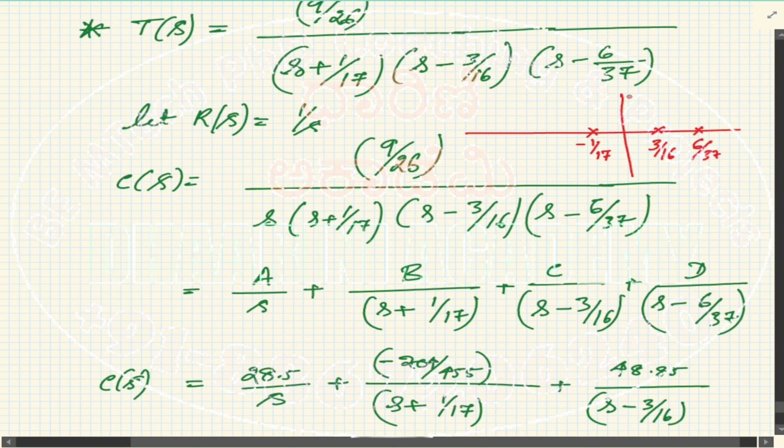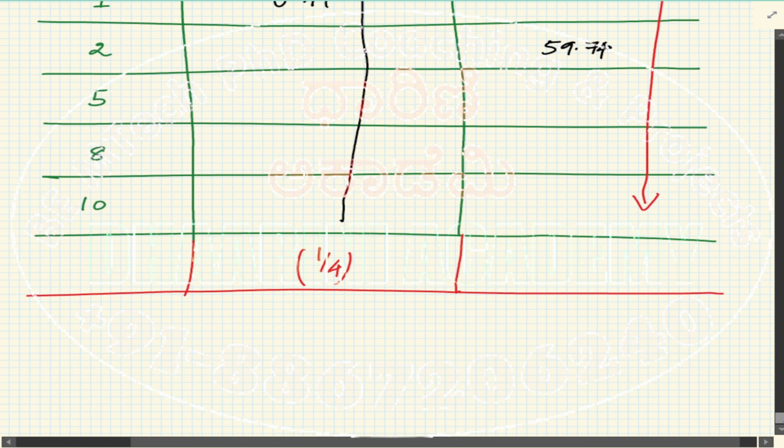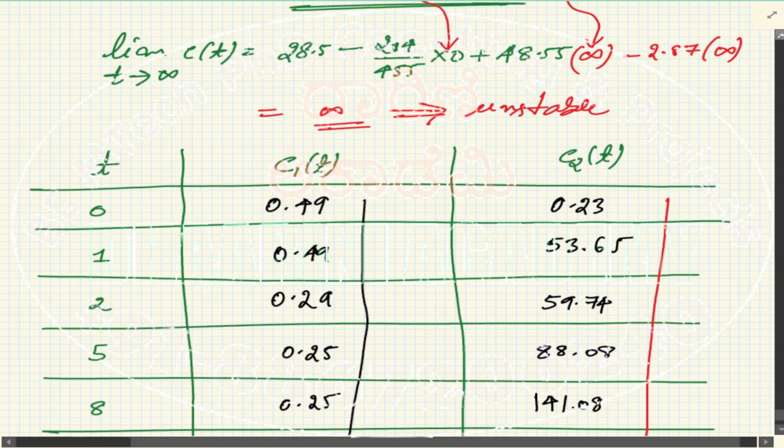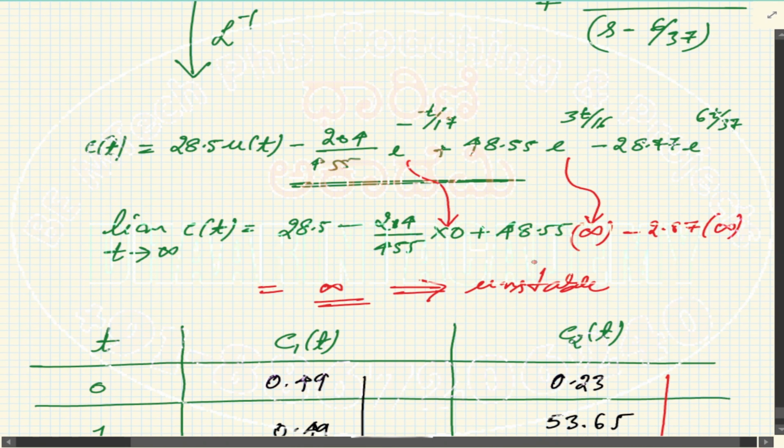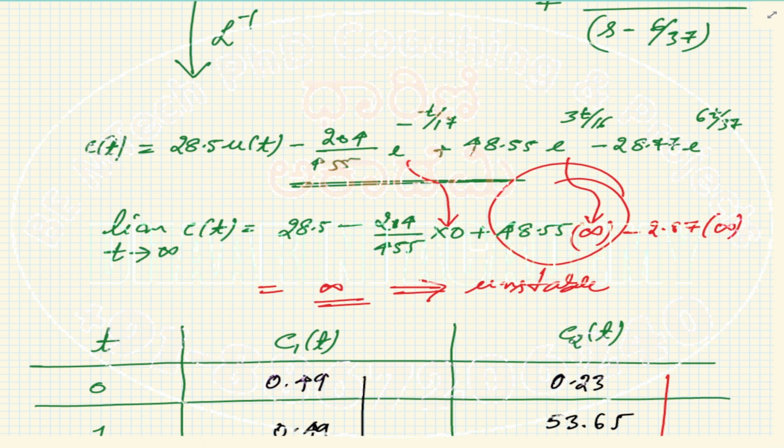So now you see that this system becomes unstable, right? If you have even one pole at the right half of the S plane, it generates one infinite term over here. Just because one of the terms becomes infinite results in infinity for the whole answer sum. That's why the system becomes unstable.